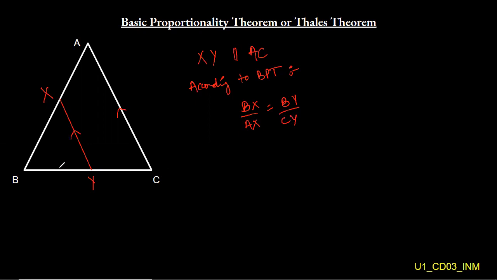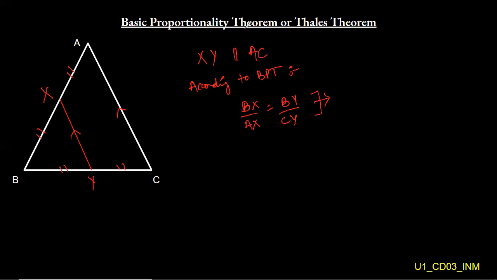Whichever two segments are divided, these two segments and these two segments, will always be in equal ratio. That's why we write this, and this is what the theorem states: whenever I draw a line parallel to any side, the parts that get divided will be in equal ratio, and equal ratio is also called proportion. Okay? So this is the basic theorem that you need to understand.